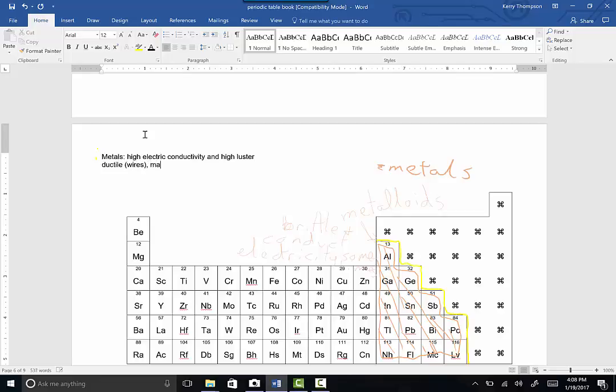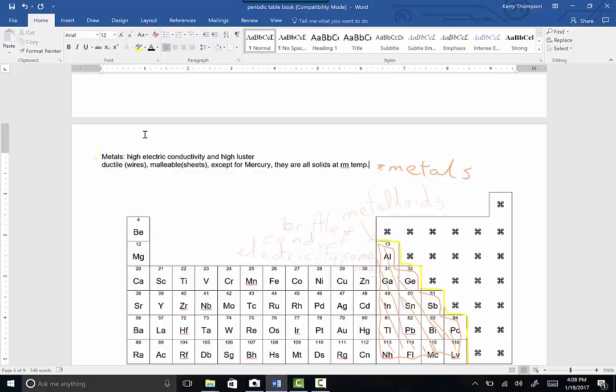They are malleable, which means that you can flatten them into sheets. With the exception of mercury, they are also all solids at room temperature.